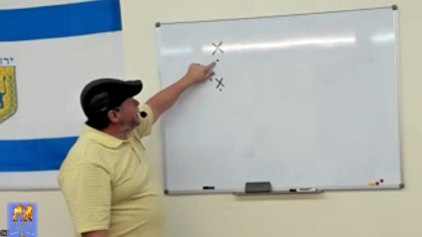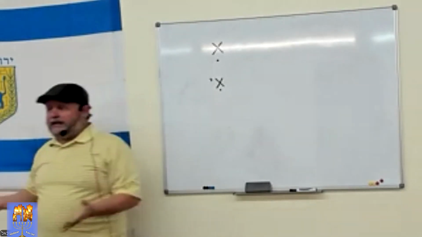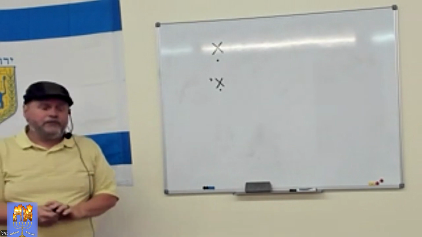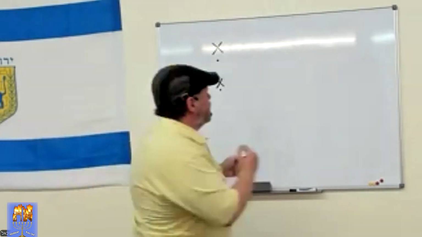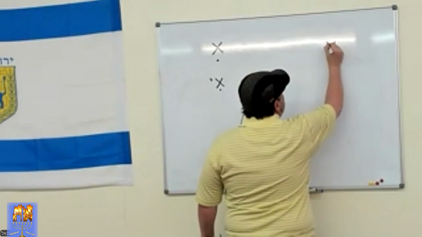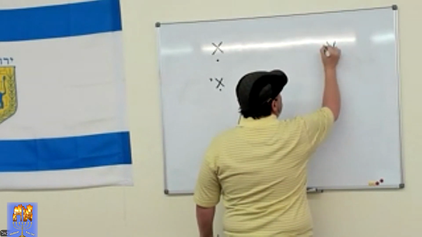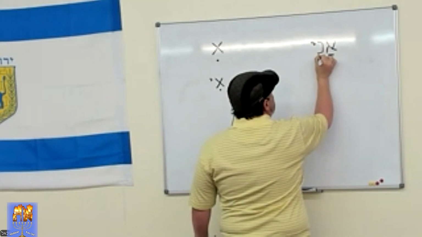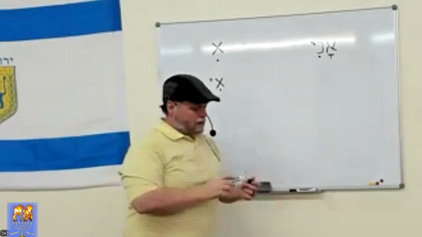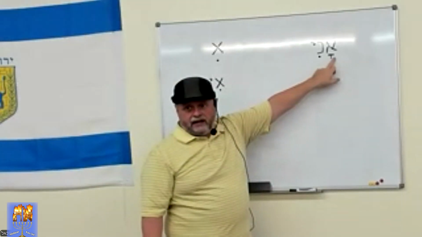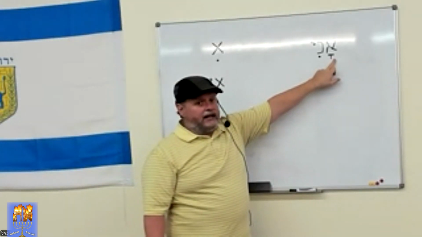Okay, so kirik makes that double E sound. And it's actually considered a short duration vowel. Just like we were talking about here, we have the kamatz, right?